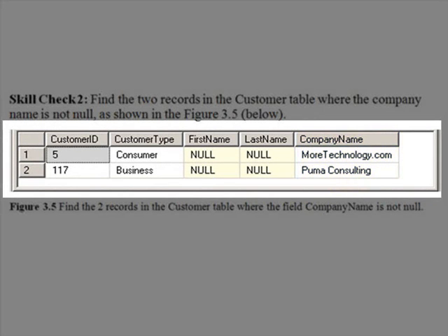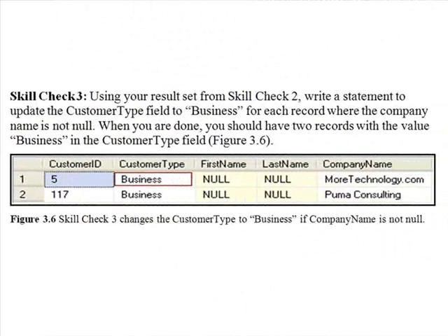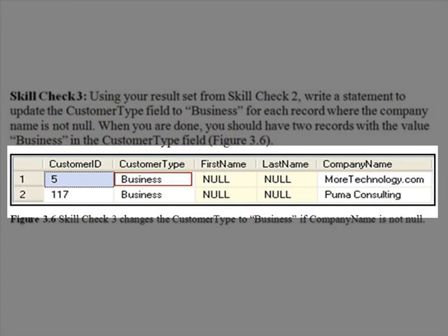When you're done, your screen should resemble the figure you see here. Skill check 3. Using your result set and criteria from skill check 2, write a statement to update the customer type field to business for each record where the company name is not null. When you're done, your 2 records should resemble the figure you see here.